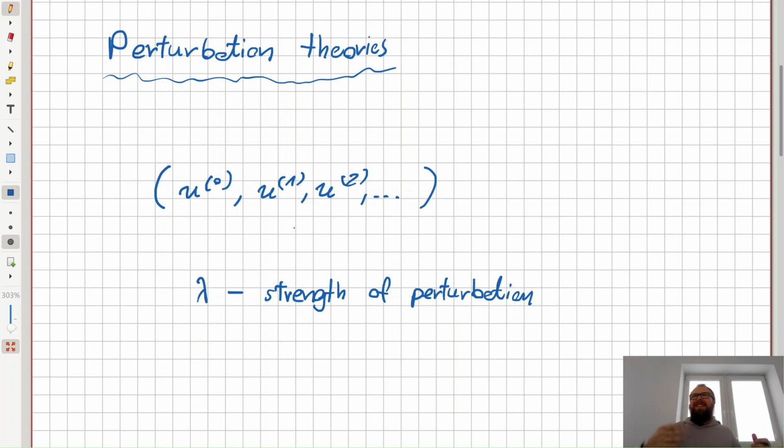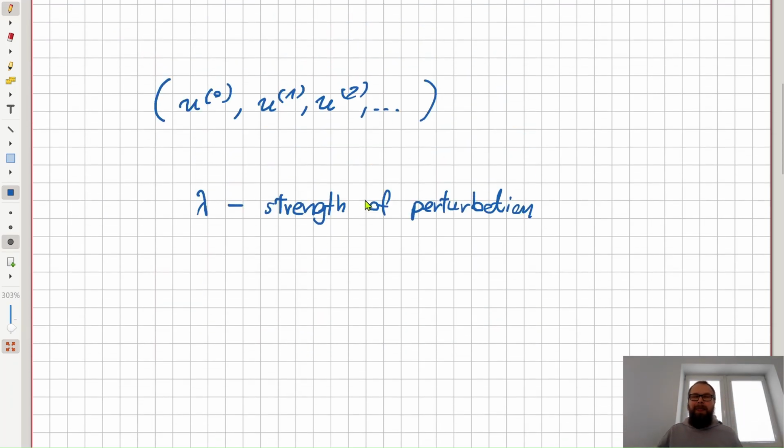Right? One half squared is smaller than one half. So that's why you get those terms of higher order. It means that for the terms we are generating, the higher the order, the smaller the term. That's basically what we are trying to achieve.